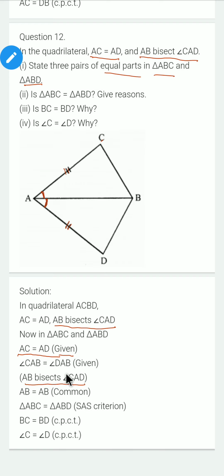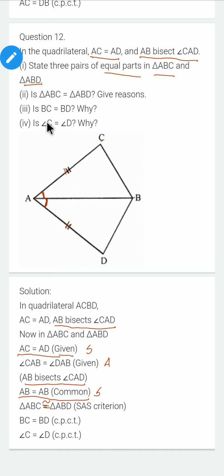And AB is the common side of this triangle and this triangle also. That means AB is equal to AB, because it is a common side. So according to the side-angle-side law, these two triangles are congruent triangles. Clear? So again we go to the same formula.